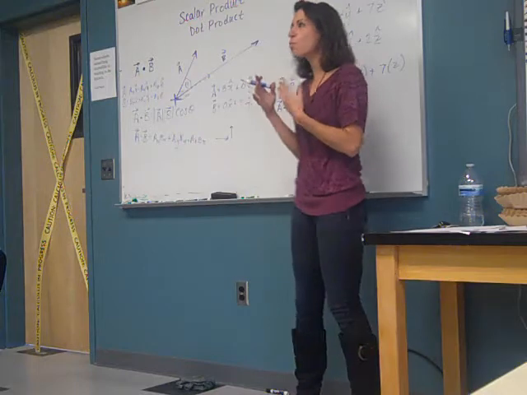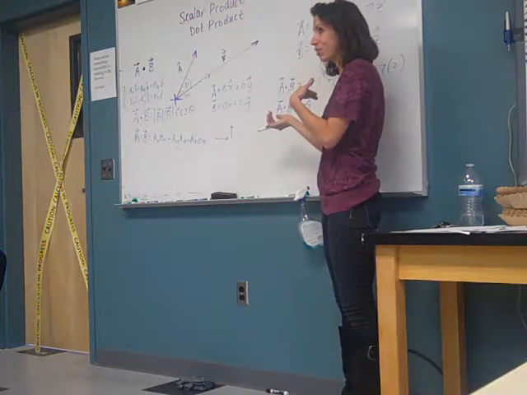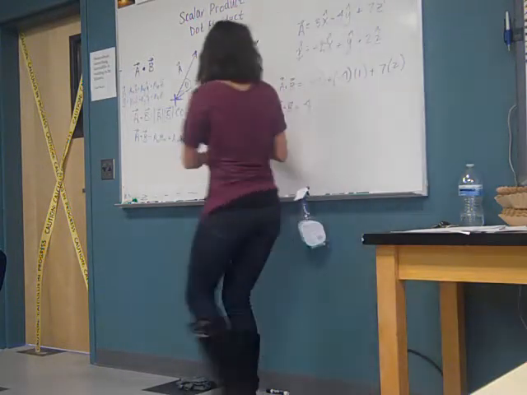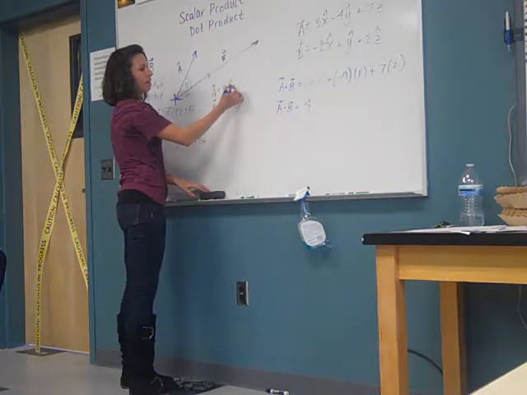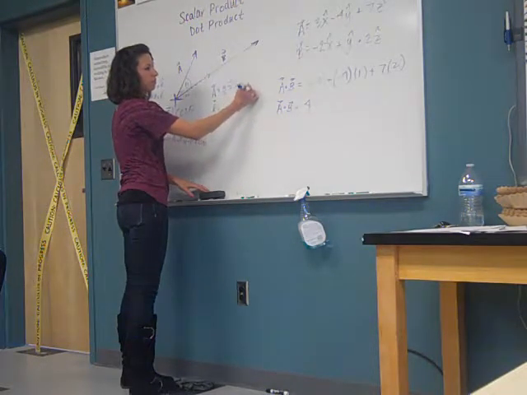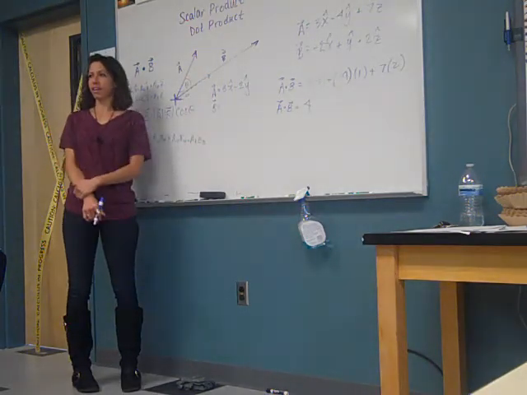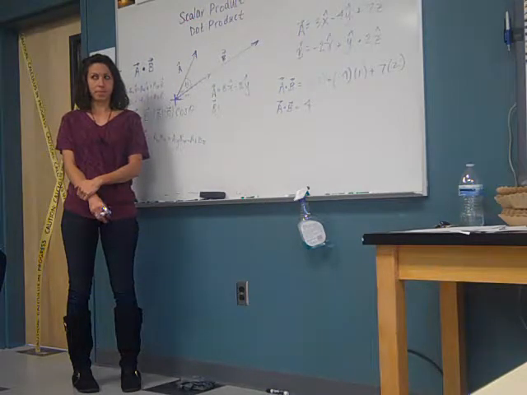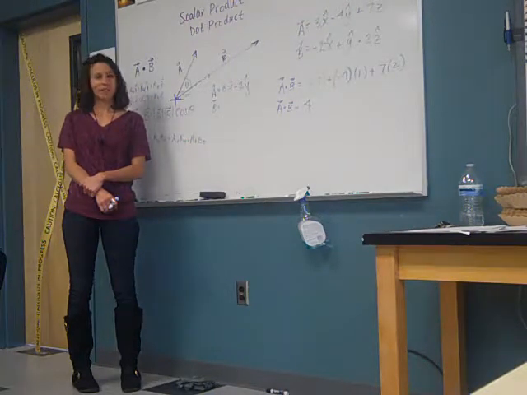In fact, that's one way for you to find another vector that's perpendicular to a vector that you've already been given. For example, what if I say, find a vector that is perpendicular to vector A. There's not just one answer. 0.